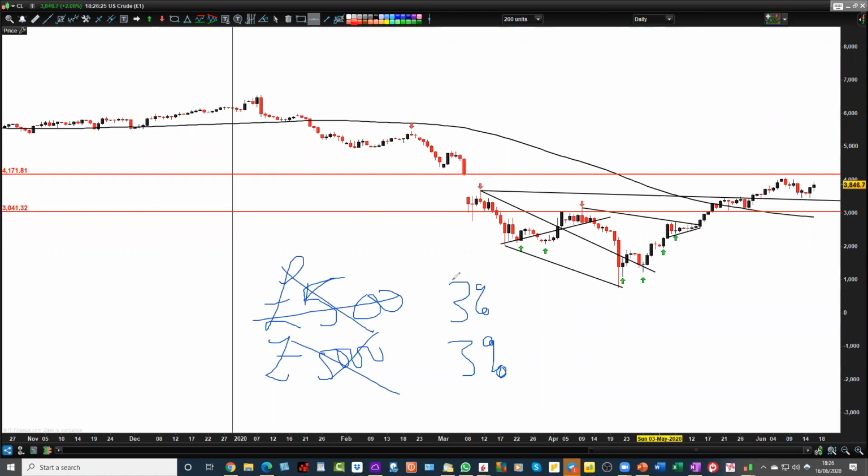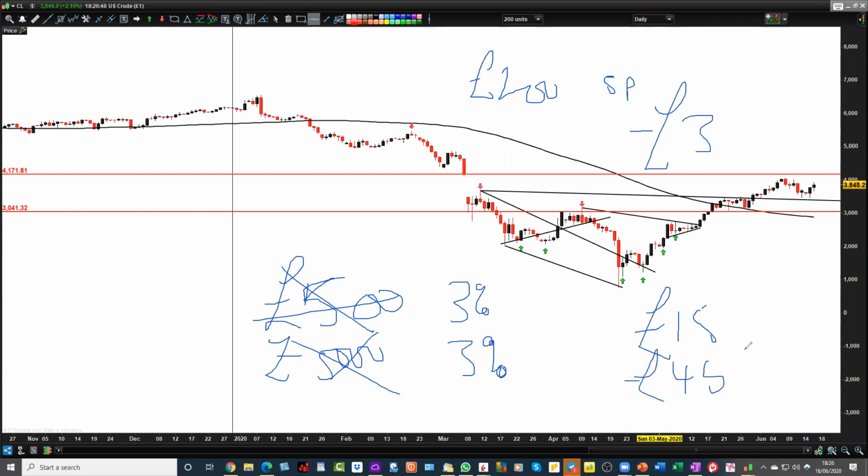Again, a novice mistake is to start trading and think, oh right, I've made £200, I know what, instead of 50p a point, I'll go £3 a point. So all of a sudden, instead of risking £15, you're risking £45.